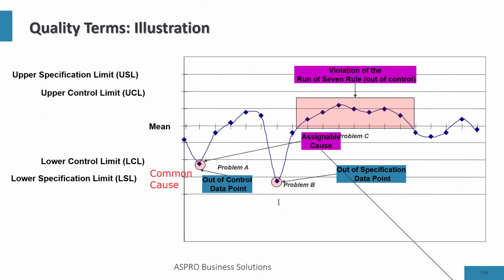But products that are outside the specification limit are called special causes. And in order to improve quality, what you have to do is reduce the number of common causes after investigation and eliminate the number of special causes, and you should improve quality.